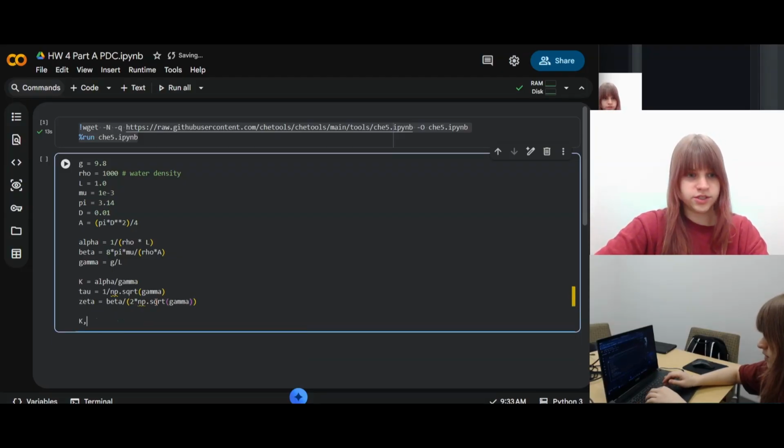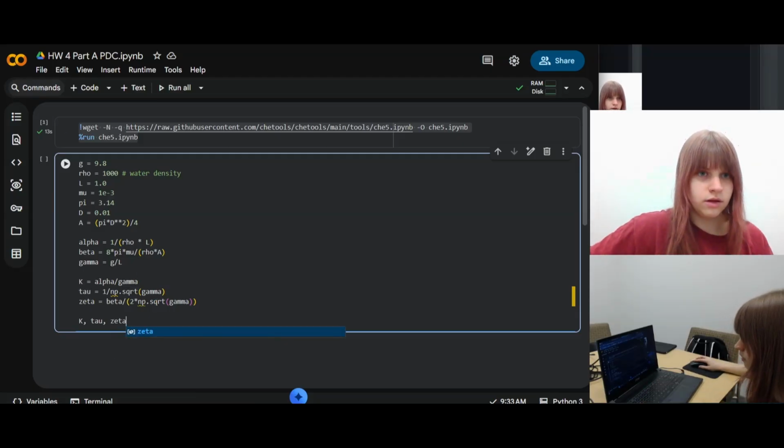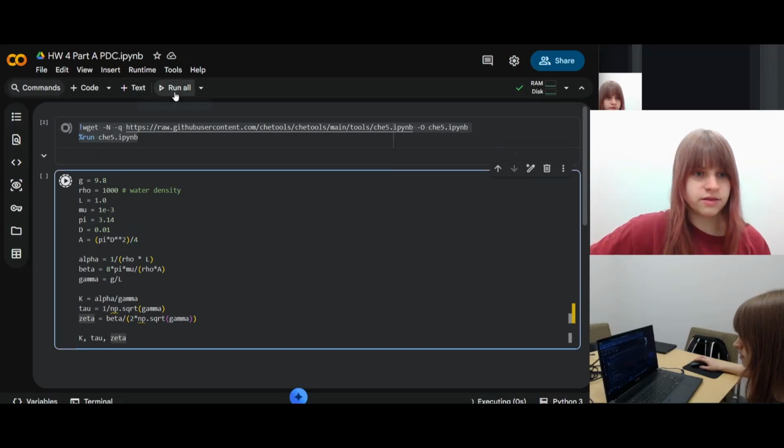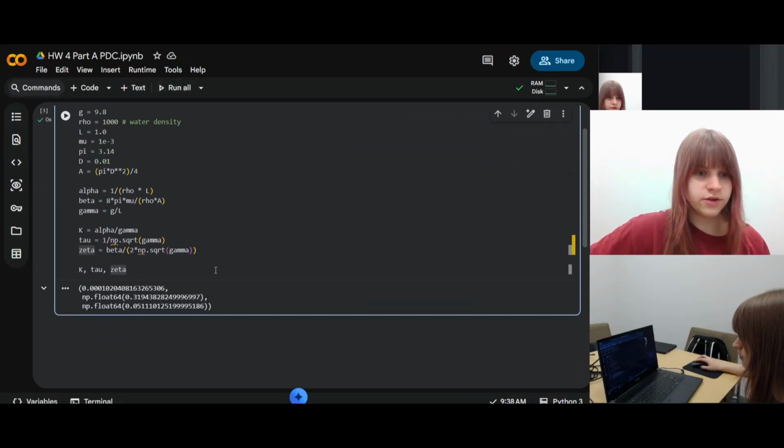And we want to get k, tau, and zeta for this problem. We want to get our gain, which is k, the damping coefficient zeta, and time constant tau. So let's run this and see if it gives us values.